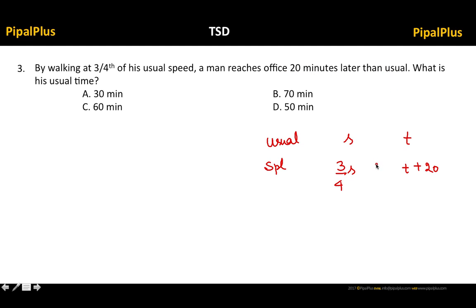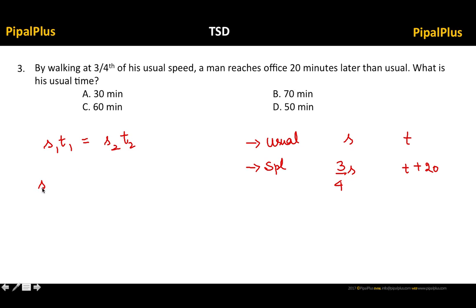Now obviously the question is subtle about it, but because the man is traveling from home to office, the distance in both these situations is the same, right? So if the distance is the same, then we know that s1 t1, the speed and the time respectively in the first situation, should be equal to s2 t2, which is the speed and the time for the second situation.